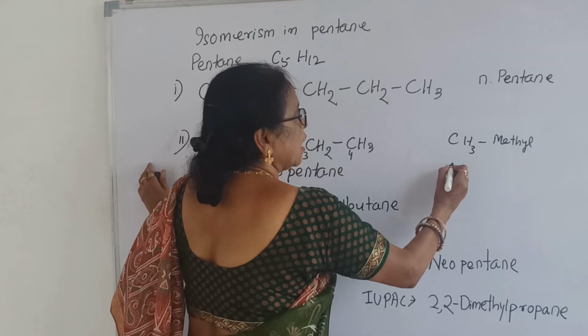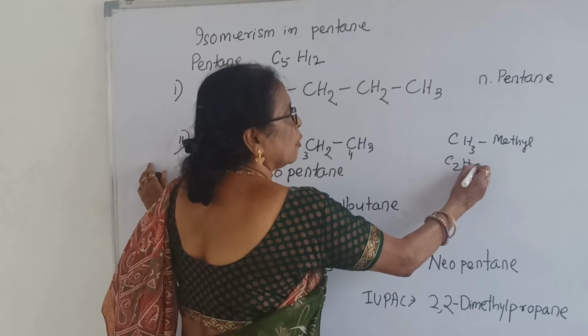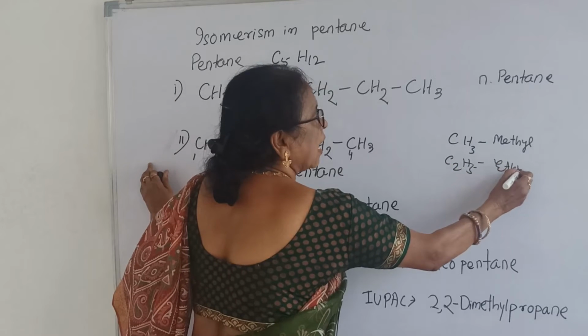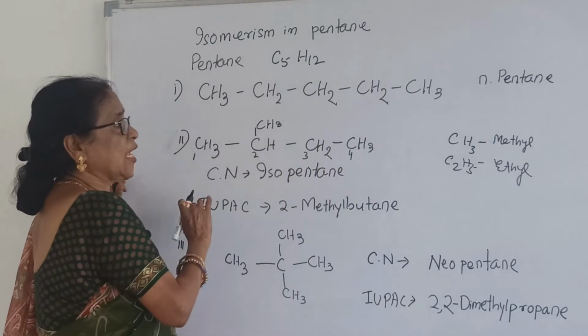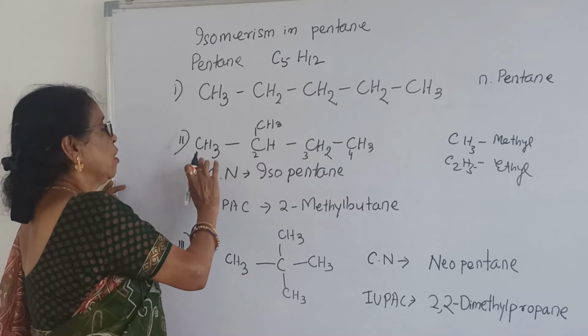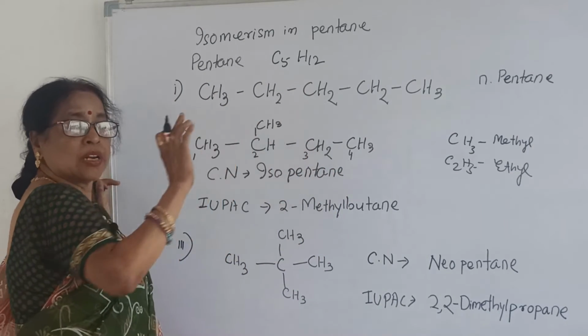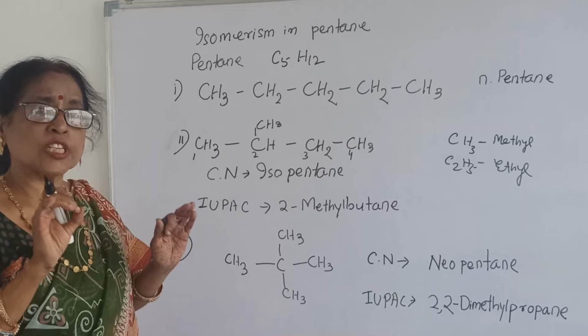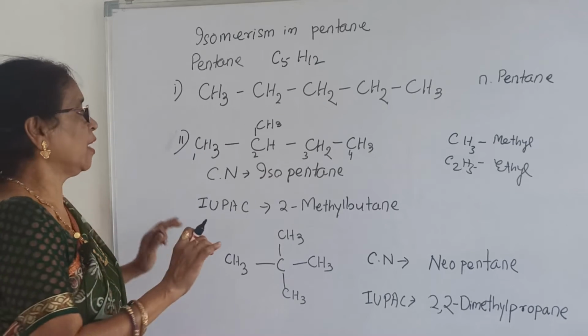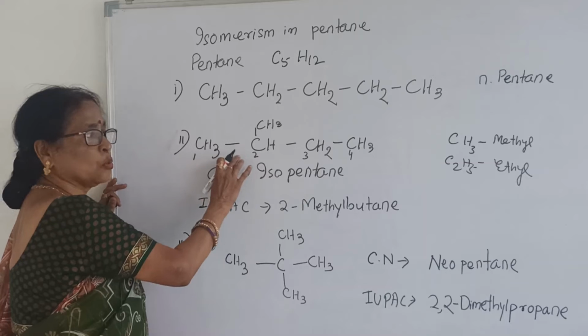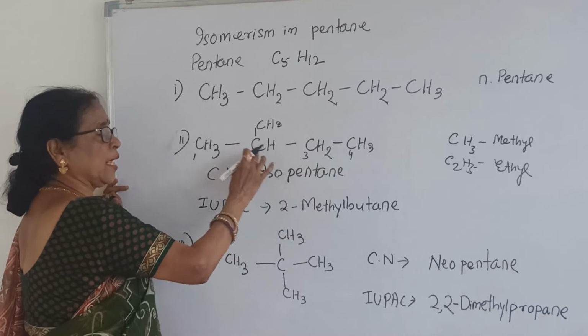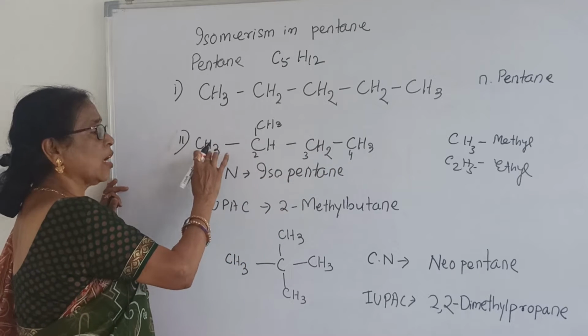And if it is a C2H5 group, that is called ethyl group. So here it is a methyl group. Then here 1, 2, 3, 4. Now I think a question may arise in your mind: why I have counted 1, 2, not 1, 2, 3, 4.